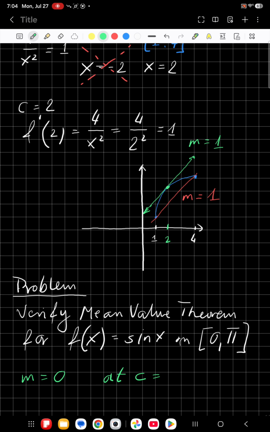Obviously, I don't want to give you the answer, but obviously the slope is 0 for sine x for those 2 points. Anyway, it occurs at pi over 2.